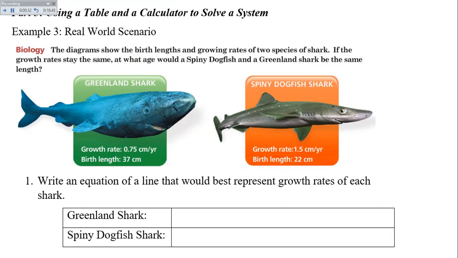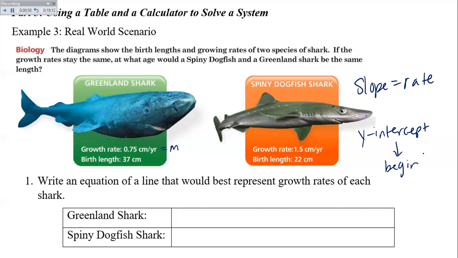If we're going to write the equation here, we have to identify what's our slope and what's our y-intercept. Key thing to know: slope equals your rate. So when you see the word rate, that lets you know it's your slope. So for the Greenland shark, my slope is 75 hundredths. And when you hear the word birth, think about your y-intercept, you should think of beginning. Where do you begin?